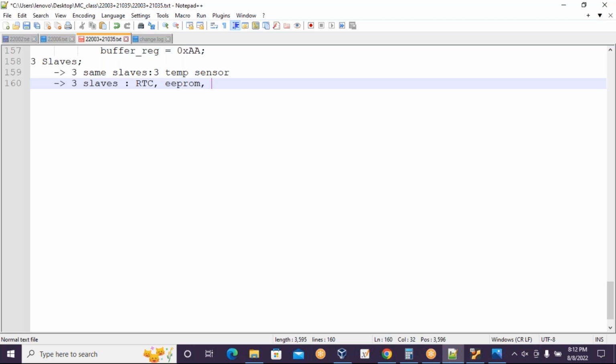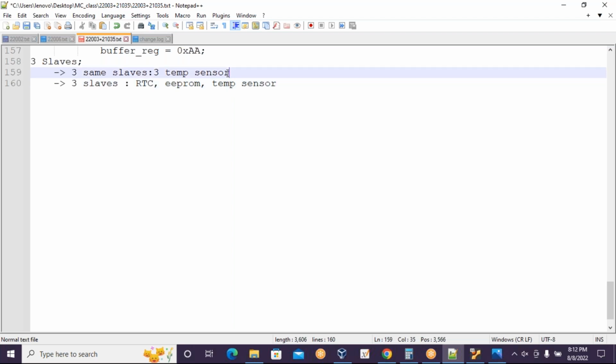And let's say there is some other sensor, for example some IR sensor, I'm not sure. Let's go with the temperature sensor only. So first thing, there is a master who wants to communicate with three slaves. First scenario is all the three slaves are same. Second scenario is three different slaves.